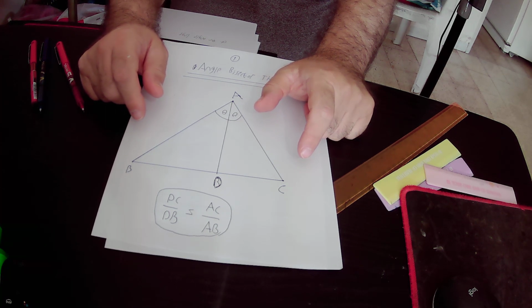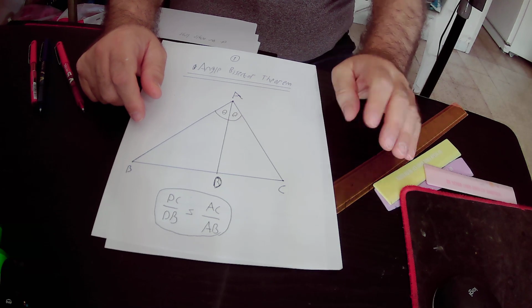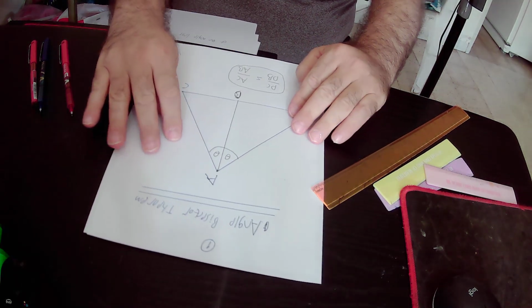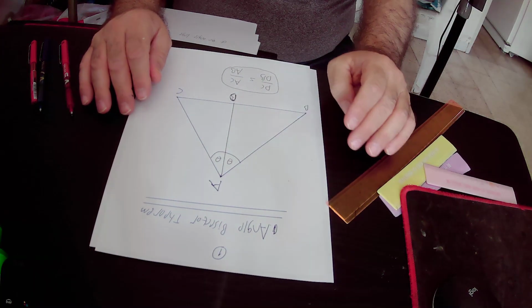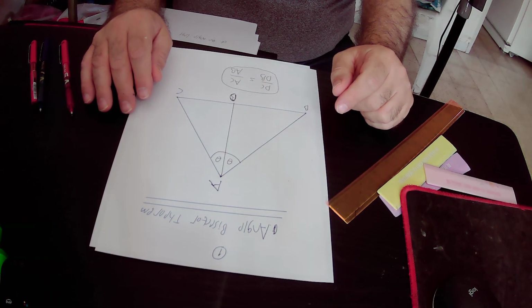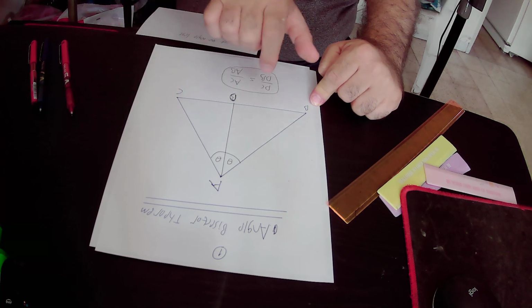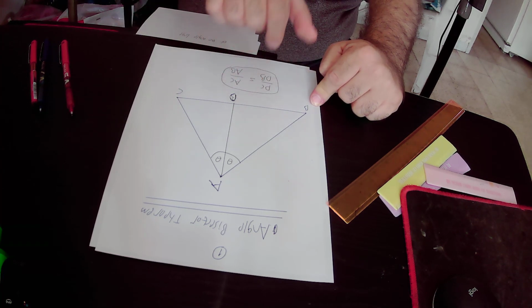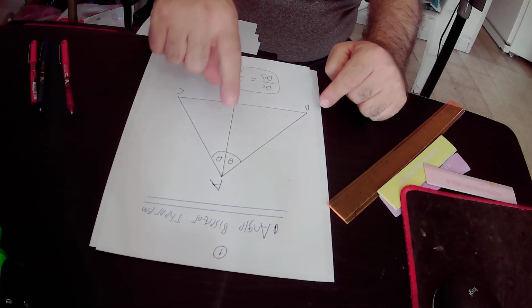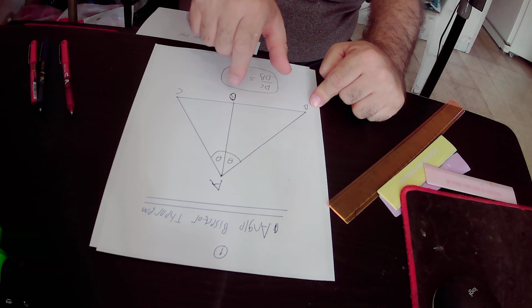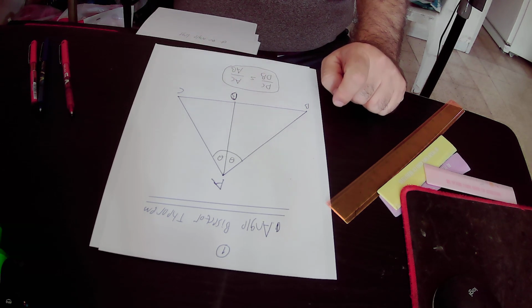Or angle bisector AD, if you look at it from this side, divides side BC in a ratio of DC over BD. Again, angle bisector AD divides side BC in a ratio of DC over DB, and that ratio equals the ratio between the angle legs.